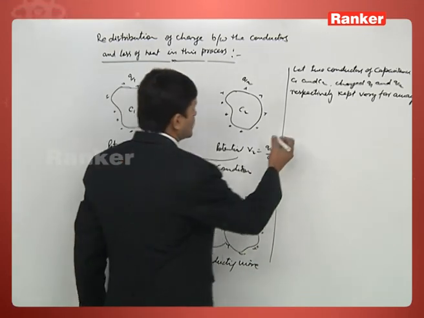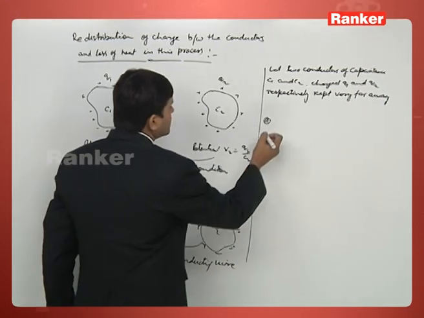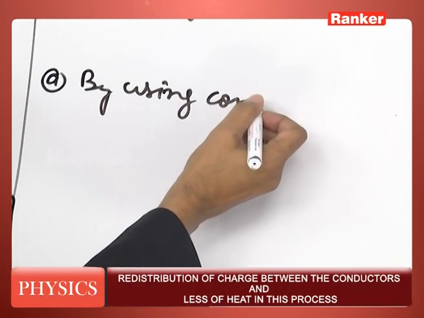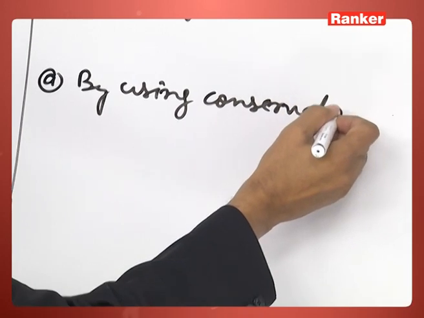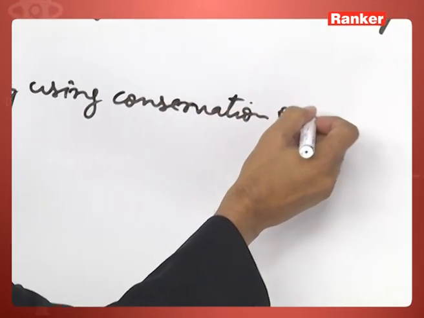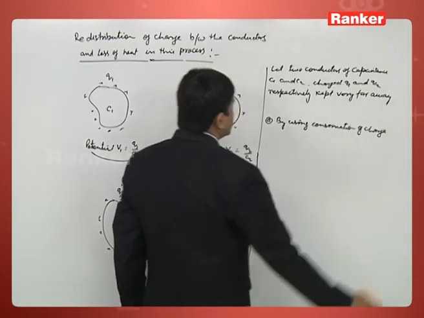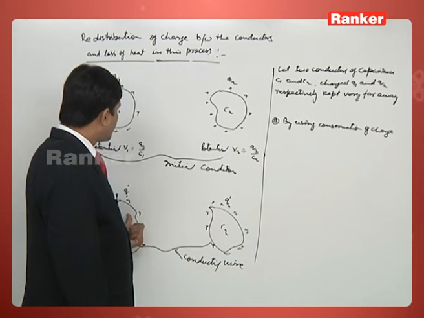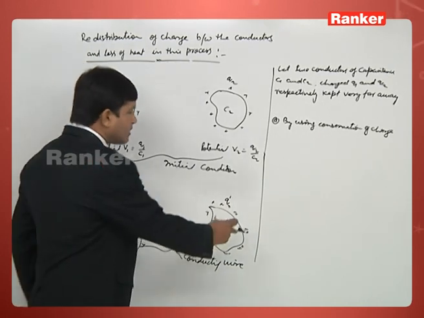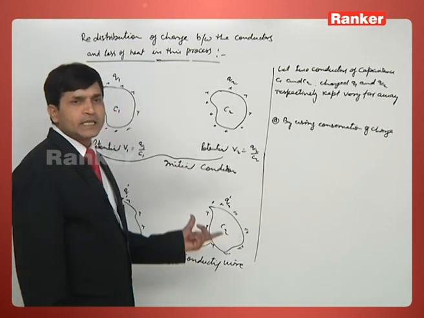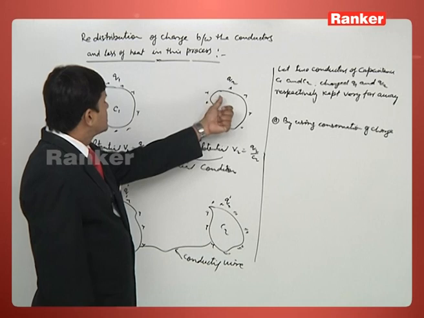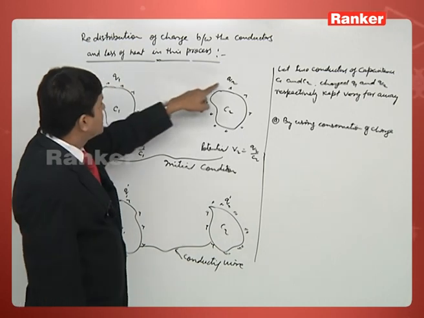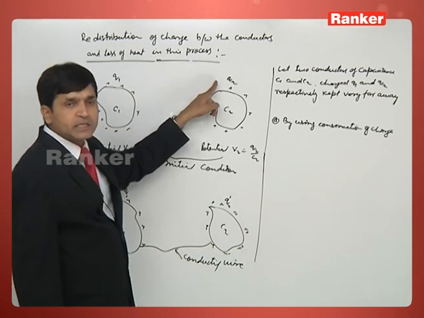The first equation we can get by using the conservation of charge concept. Whatever charge has flown from one conductor to the other will remain on these two conductors, so the sum of the charge on the two conductors remains constant. The initial charges were Q1 and Q2, so the sum is Q1 plus Q2.